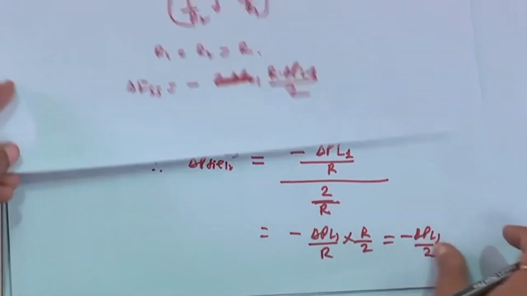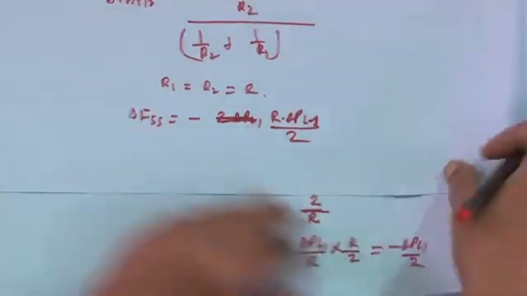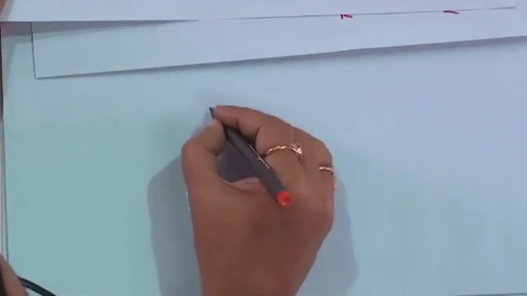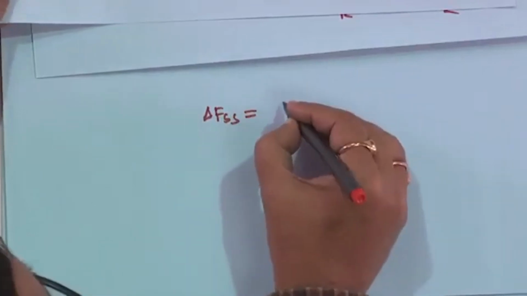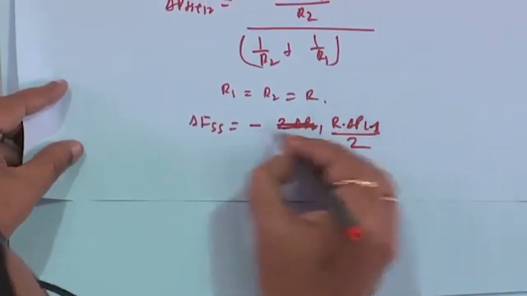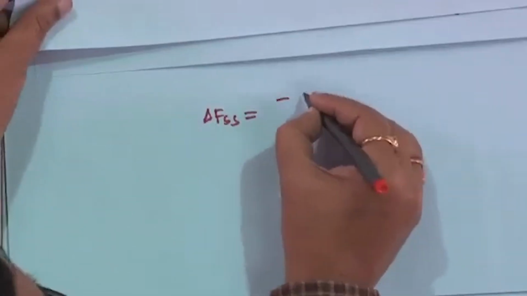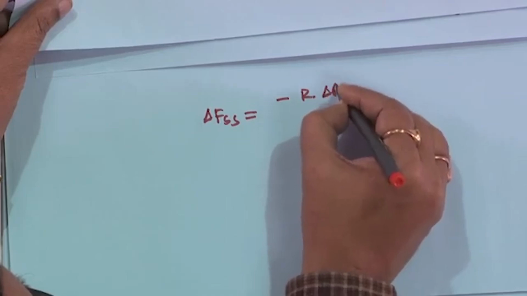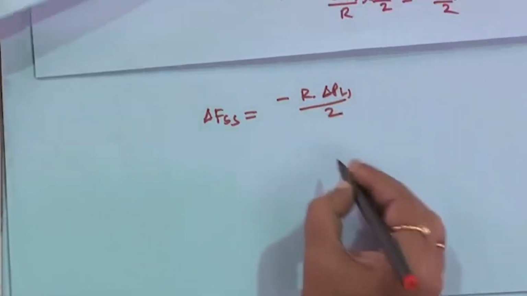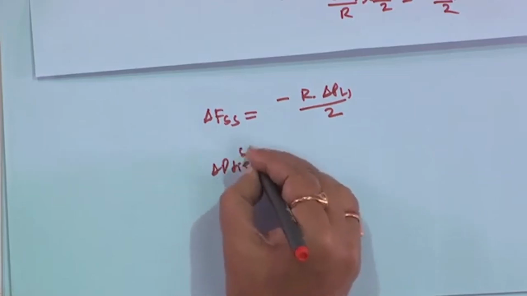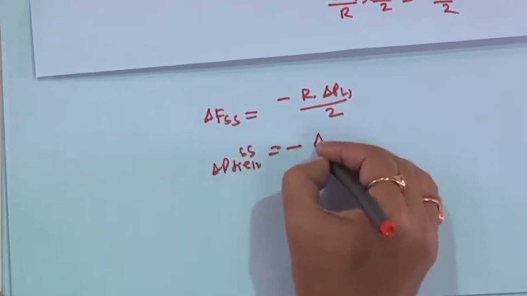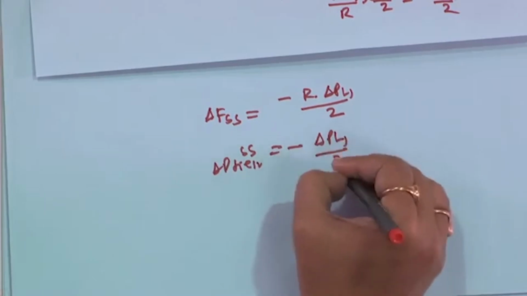So, if we write separately, the steady state error delta F steady state is equal to minus R into delta PL1 upon 2, and for tie line power, delta P tie 1-2 steady state is equal to minus delta PL1 upon 2.